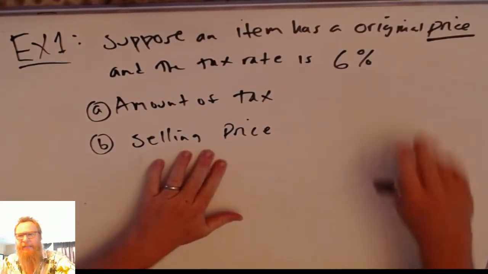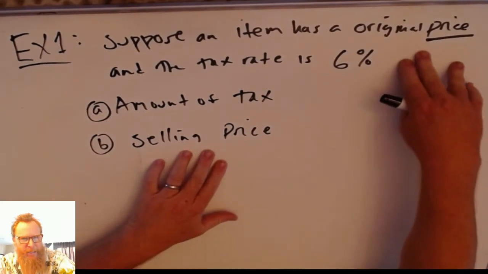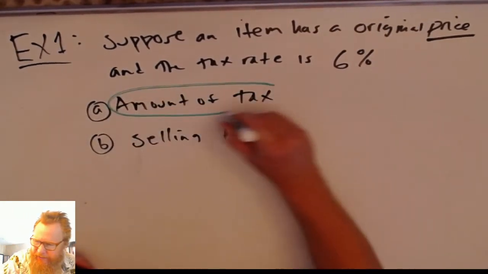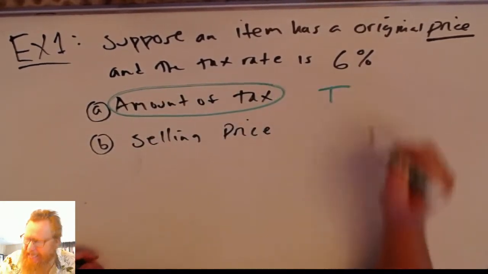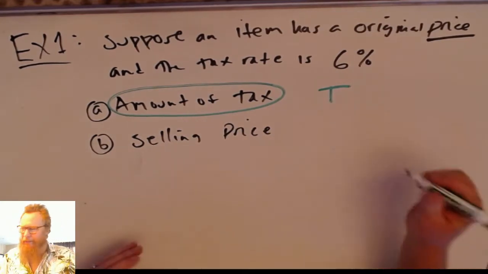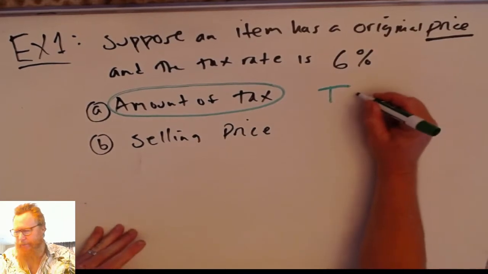So selling price as opposed to original price. That's the key here. What we're going to do is say, the amount of tax, we're going to call that T for tax. You could also call it X, I guess, but you could call it whatever you want.